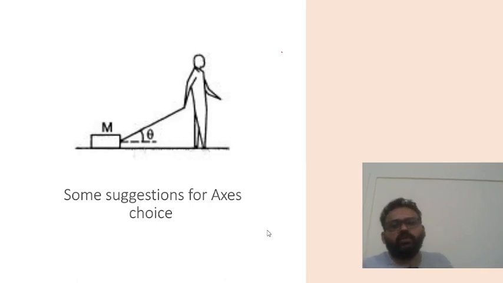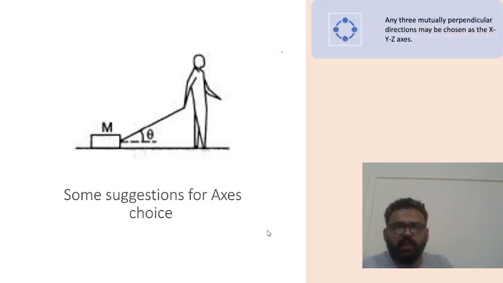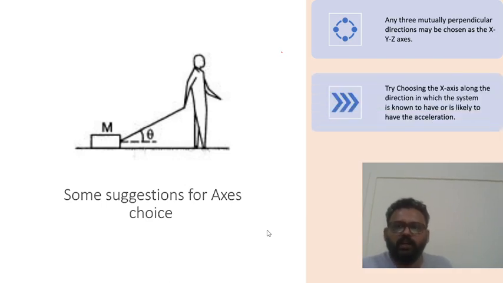Okay, now there are some suggestions for choosing axes. Firstly, any three mutually perpendicular directions may be chosen as the xyz axes, provided they are coplanar. After that, try choosing the x-axis along the direction in which the system is known to have, or is likely to have, acceleration.